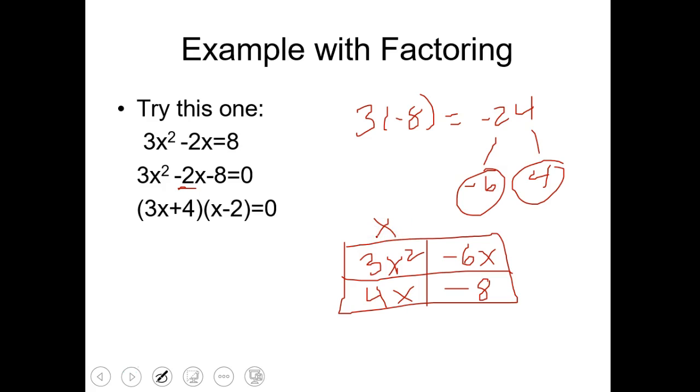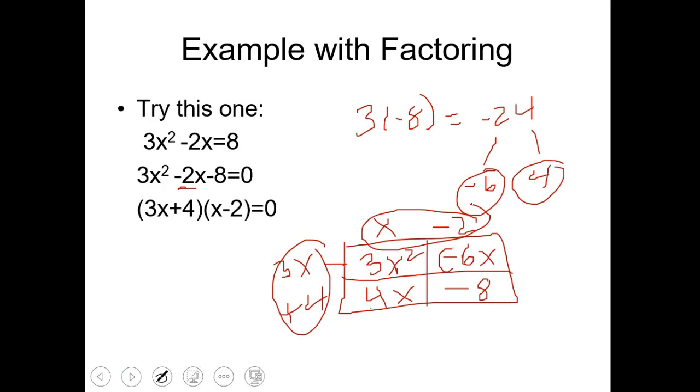And here I have a common factor, since this first one's negative, I make it a negative 2. And then I look across the rows, and I see 3x squared, negative 6x. I have a 3x as a common factor there. 4x minus 8, I have a 4, and that's a positive 4 because the leading box is positive, and that gives me my two factors. So if you've forgotten how to do that or never really understood it, there's another shot at looking at that.